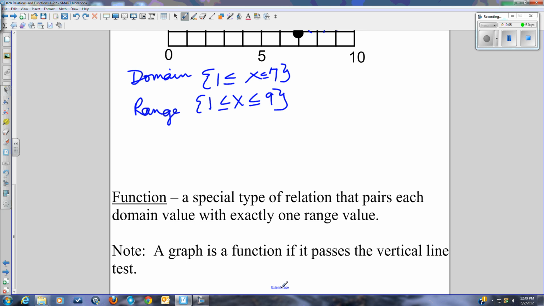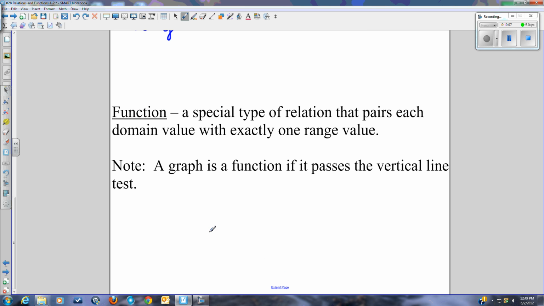Just to give you an example of what a vertical line test is, let's say that you have a graph that looks like this here. I want to know if it's a function. It's a function if I can pass a vertical line through it at any point and it only hits in one particular point.